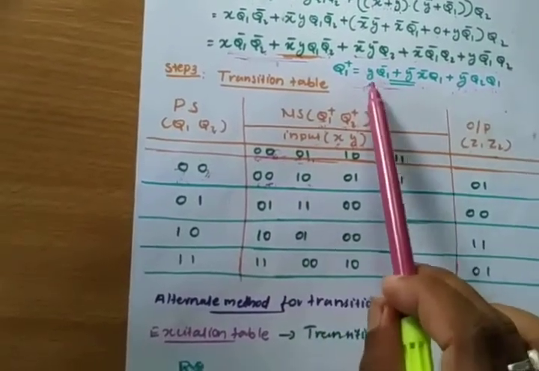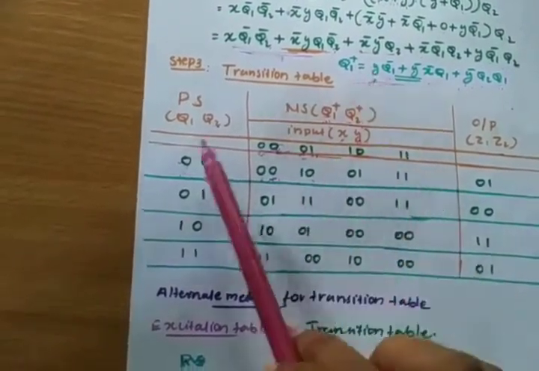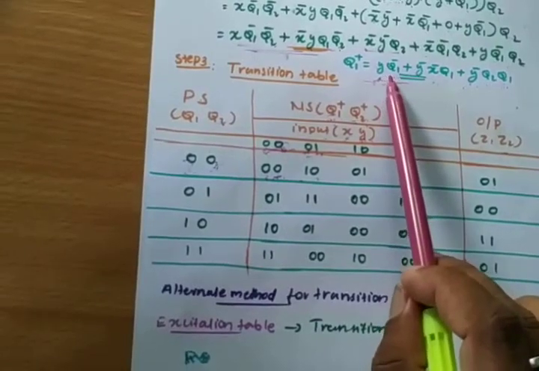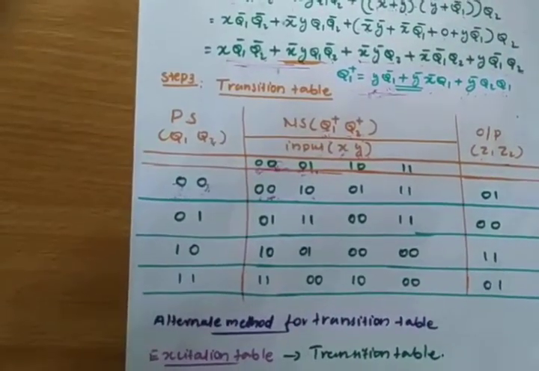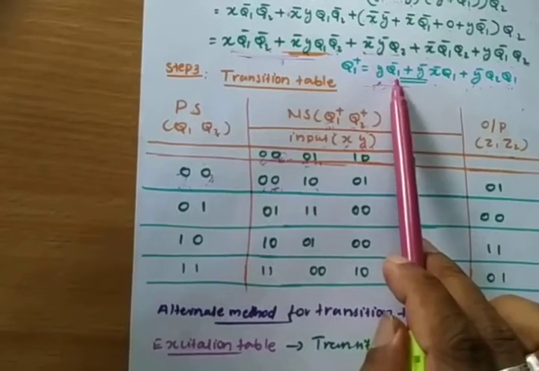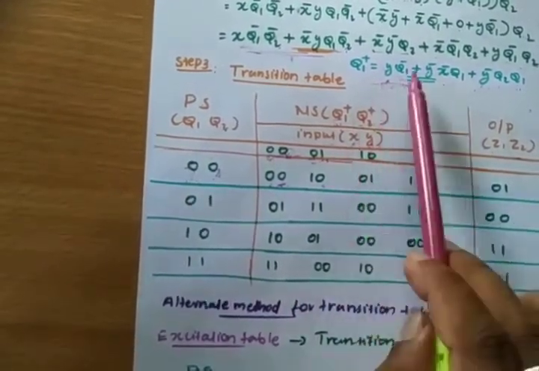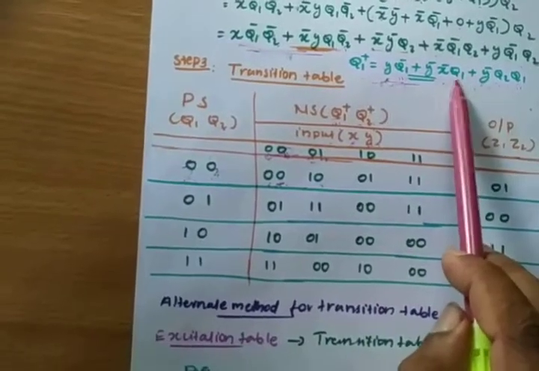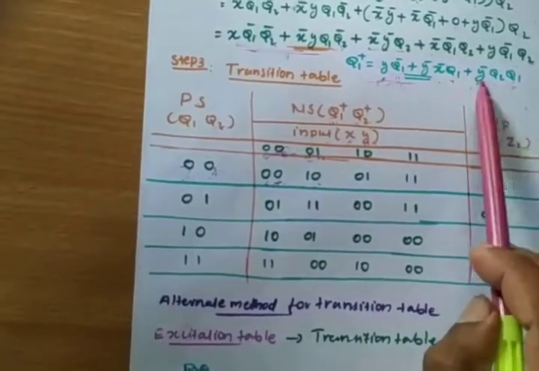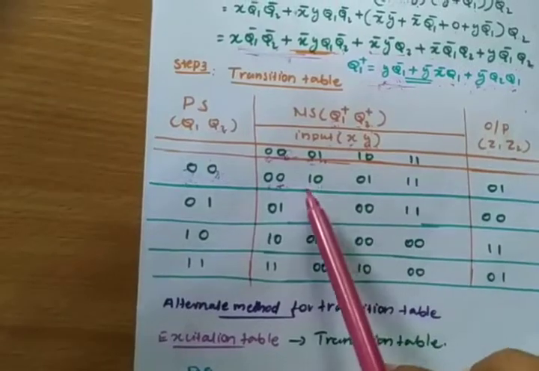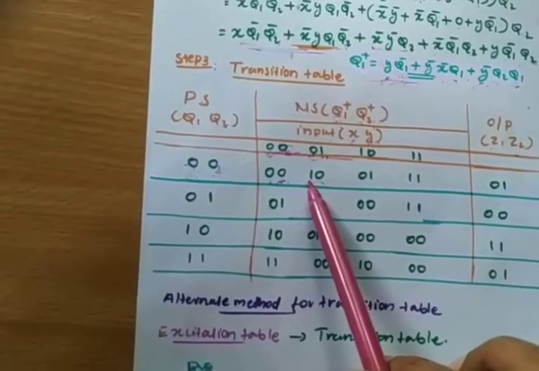Okay, so y is 1 here and q1 is 0, so q̄1 is 1, 1 into 1, it is 1 here, 1 plus, here q1 is 0, this term is 0, this q1 is 0, this term is 0, so 0 plus 1, 1, that's why this term is 1 and another term is 0.